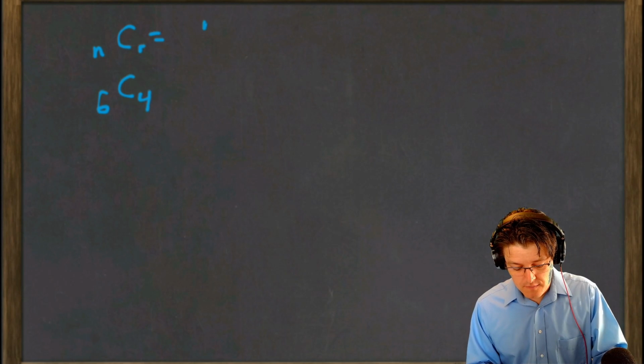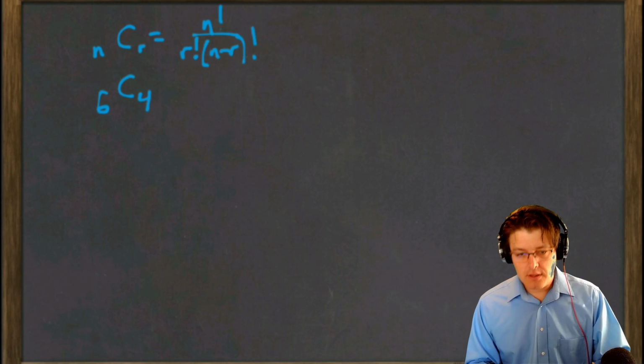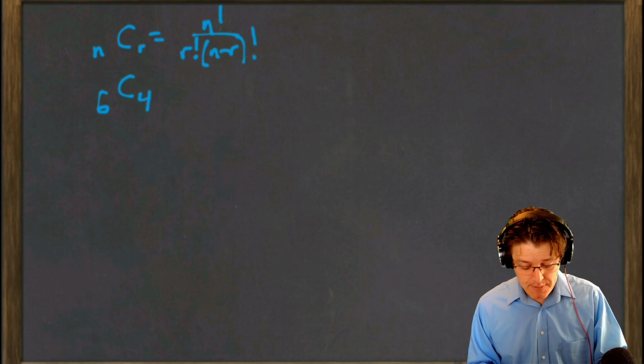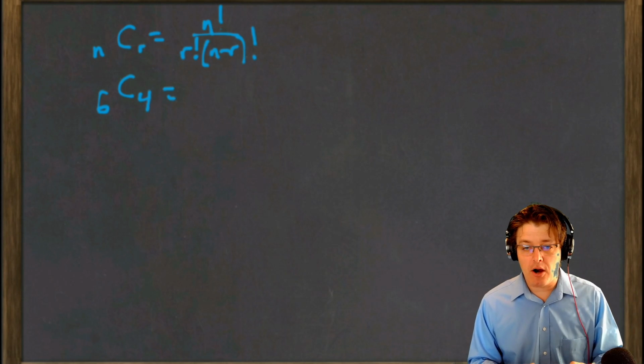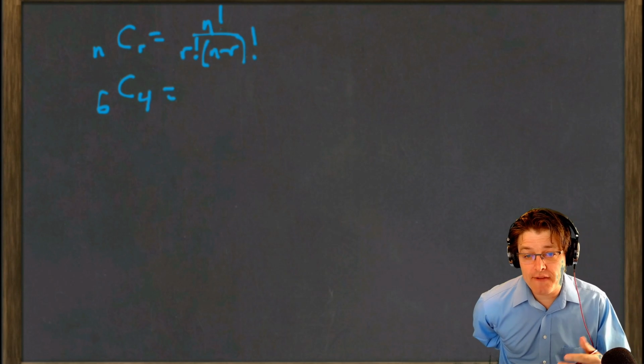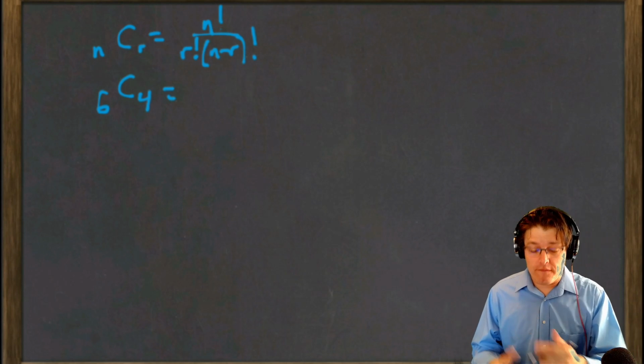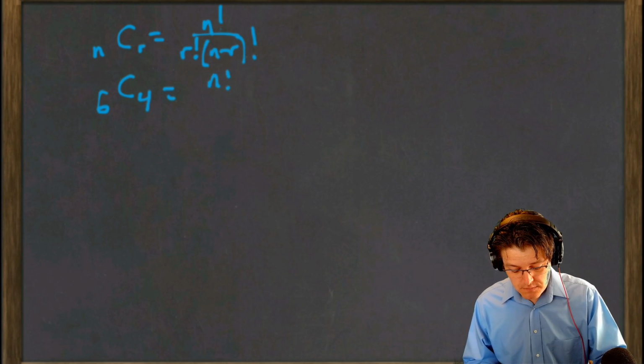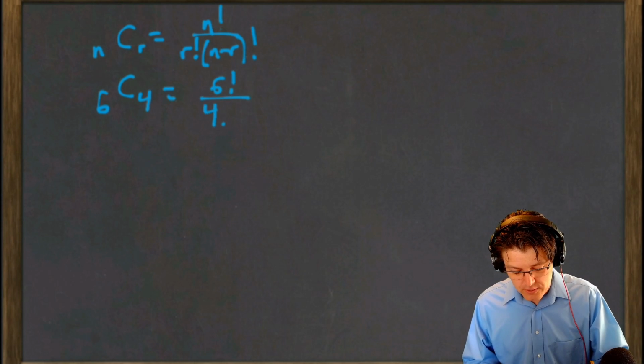So we have n factorial, we have the same n minus r factorial, but we take into account the fact that some of them are going to be doubled up by dividing by r factorial. In this case, r factorial is going to be 4 factorial. So we will have 6 factorial over 4 factorial times 2 factorial.